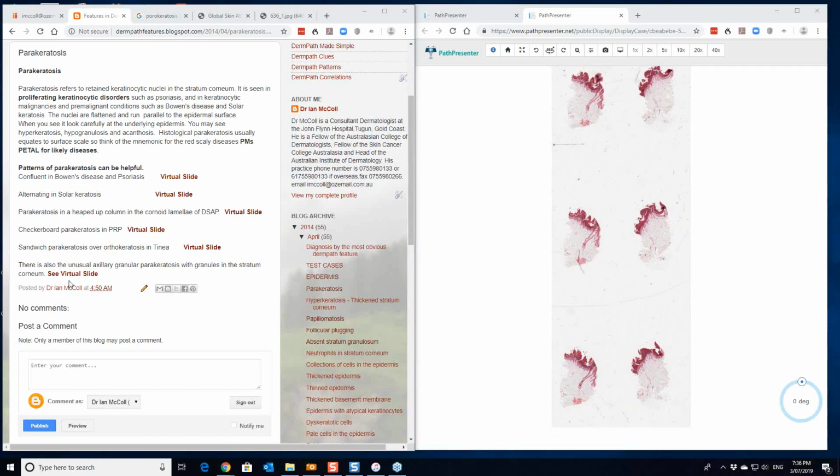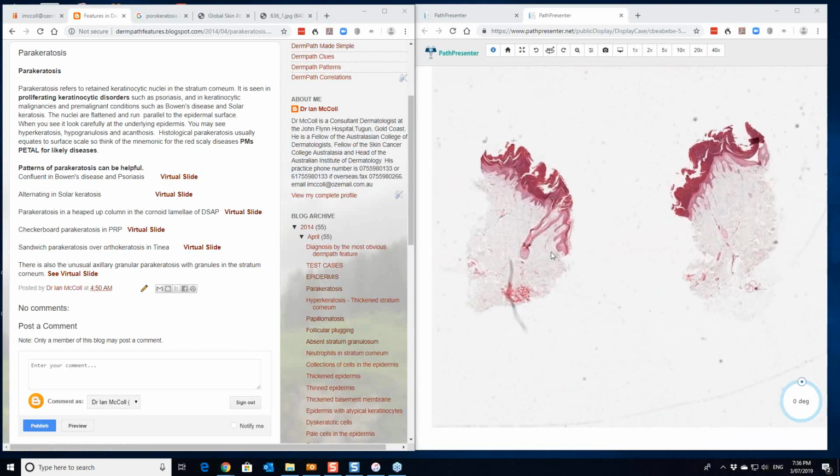There's another condition called axillary, it's usually flexural axillary granular parakeratosis, but it's perhaps more common in the axillae, where you've got multiple granules in the stratum corneum. Now we've got a virtual slide of it over here. Let's just go in and look.